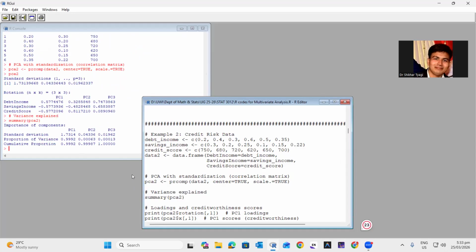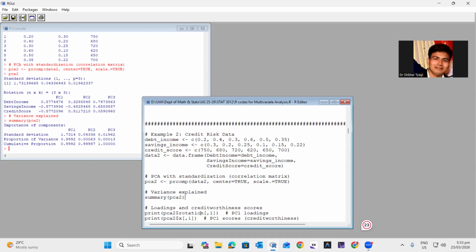PC1 explains 99.92% of the variance, and PC2 and PC3 explain 0.06 and 0.01 respectively. Even after standardization, the three variables are extremely highly correlated. Basically, higher debt to income tends to go with lower savings and a lower credit score.